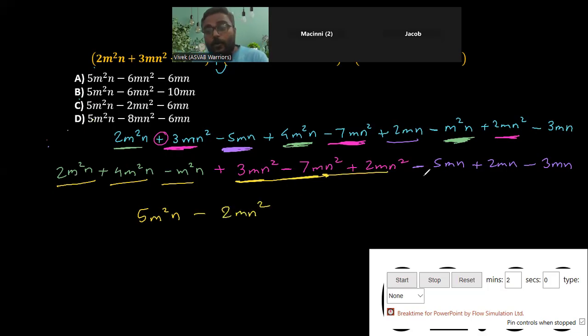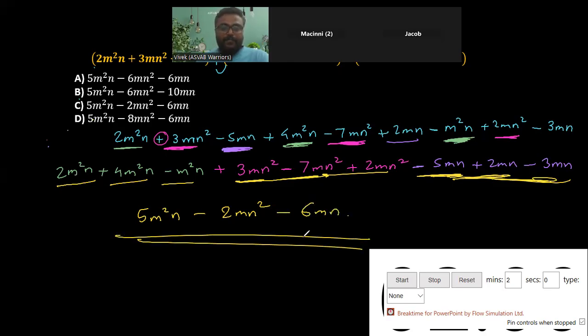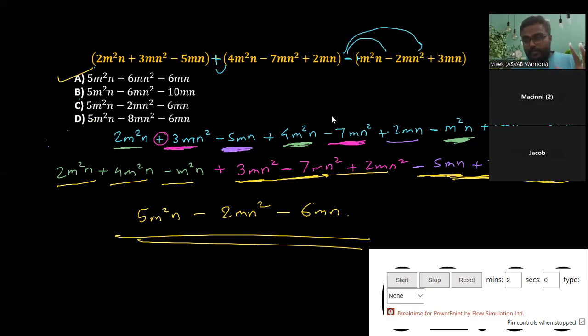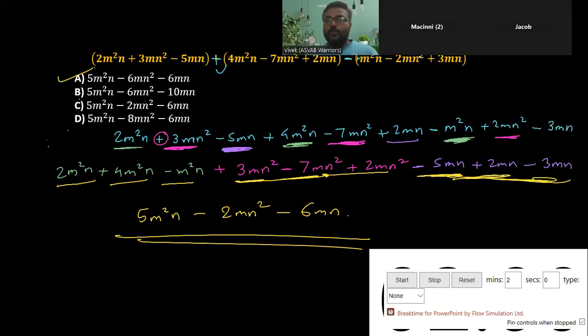This is all done. Now, negative 5 plus 2. Negative 5 plus 2 is negative 3. And negative 3 minus 3 would be negative 6mn. So here is your answer. Option A is correct.